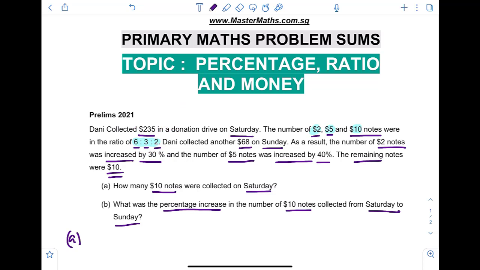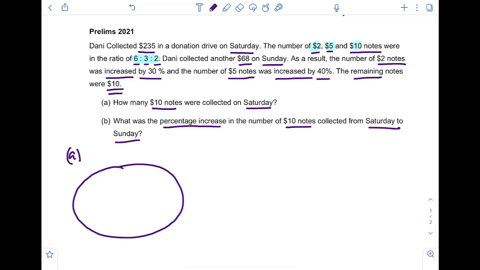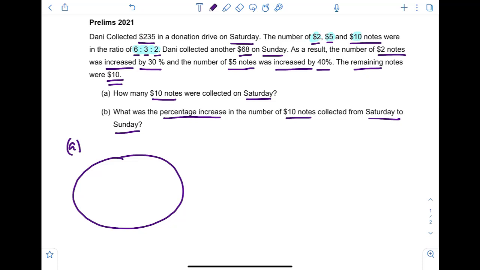So in one group of notes, we will have 6 $2 notes, 3 $5 notes, and 2 $10 notes. 6 times of the $2 notes, 3 times of the $5 notes, and 2 times of the $10 notes.